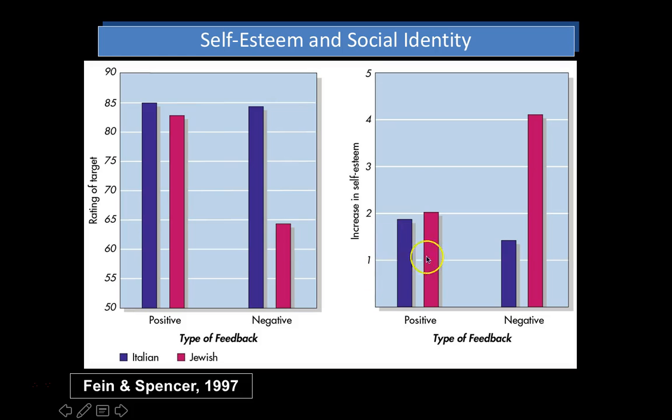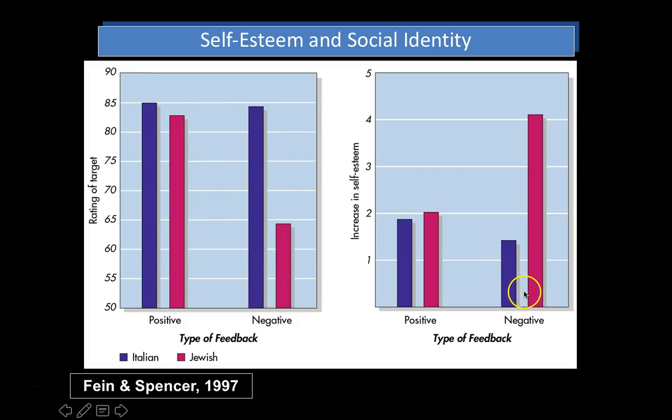And then let's look at what happens to self-esteem. After they do these ratings, they take a self-esteem measure. These guys already have their self-esteem in pretty good shape, so they showed just a little bit of increase in self-esteem if they had gotten positive feedback, because it's already high.